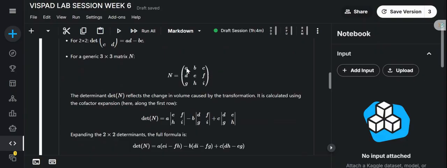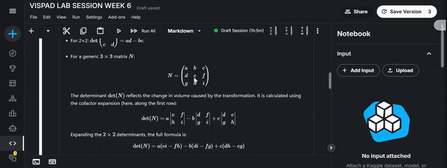First, you take the first row of that 3 by 3 matrix and then eliminate the column and row that intersect on the first element of that first row, which in this case is A. So you eliminate D and G and B and C, and after eliminating those elements, you find the determinant of the remaining elements in the matrix, in this case E, F, and H, I, and then multiply that result by the A. That's the first part.